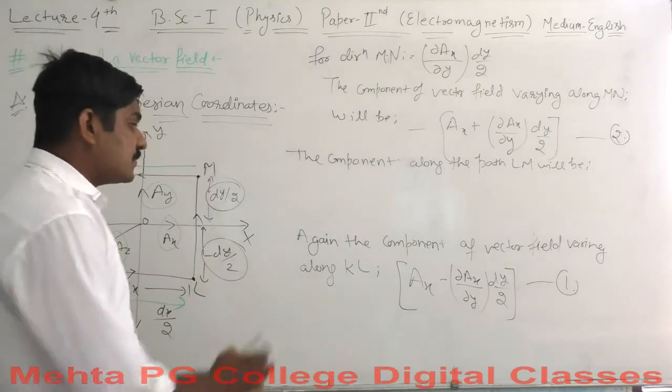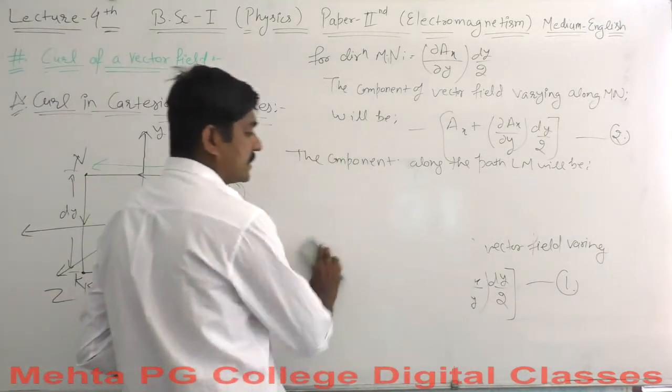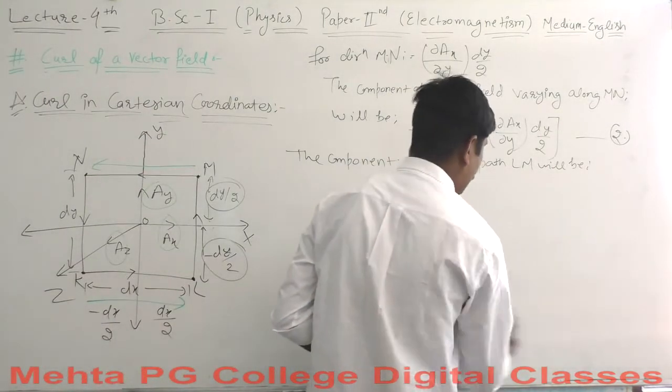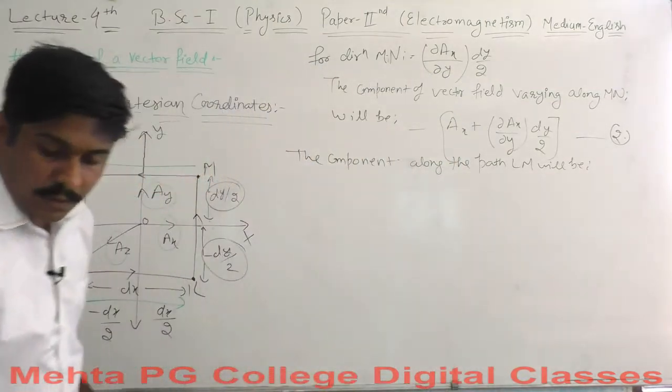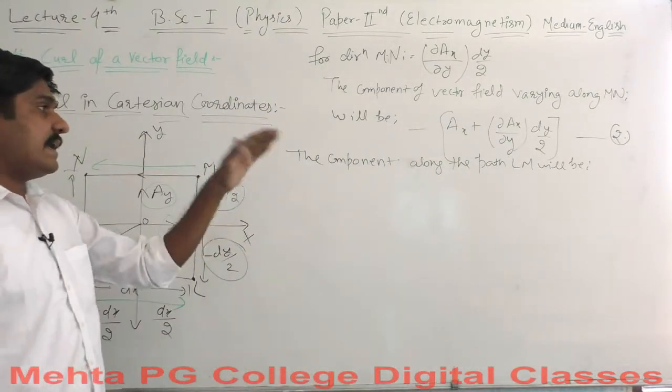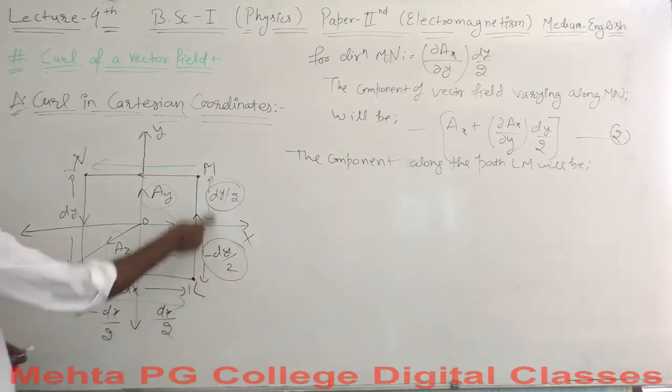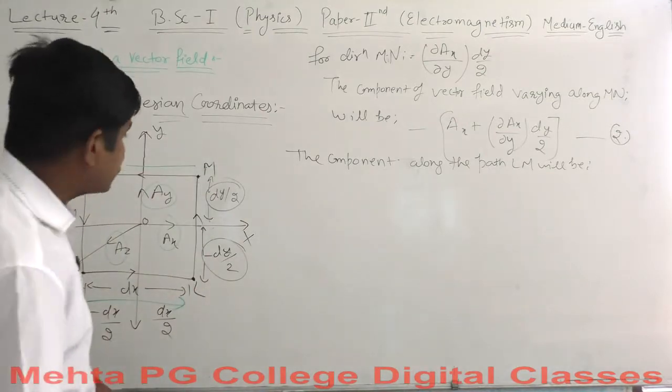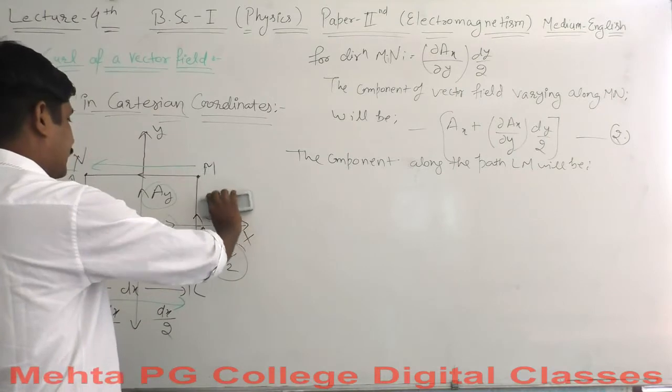Keep in mind equation 1. Let me clear this off. We will need the area for our workplace. Okay. What will change in the direction LM? The quantity varying in direction LM is, this will disturb us.